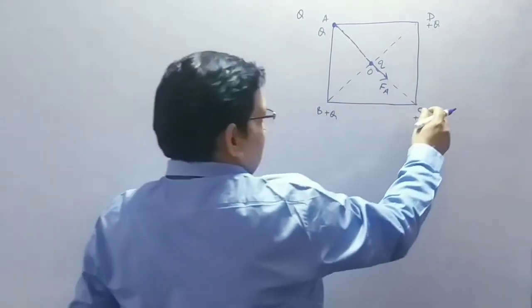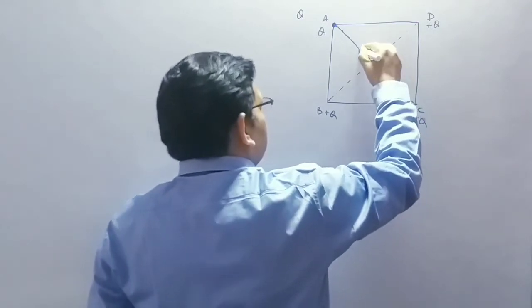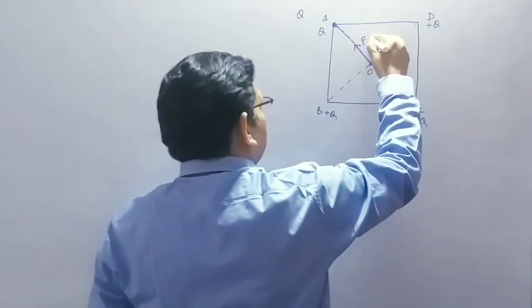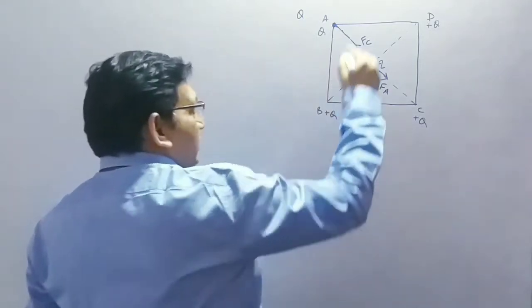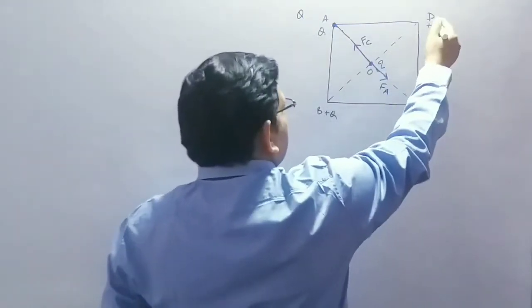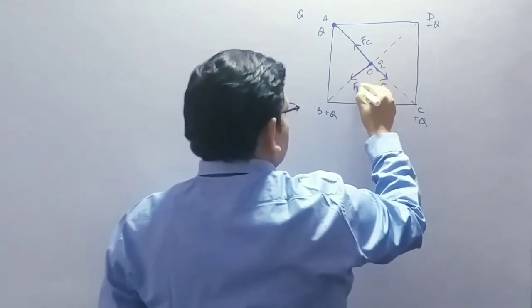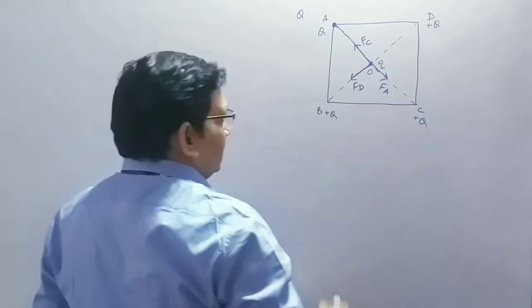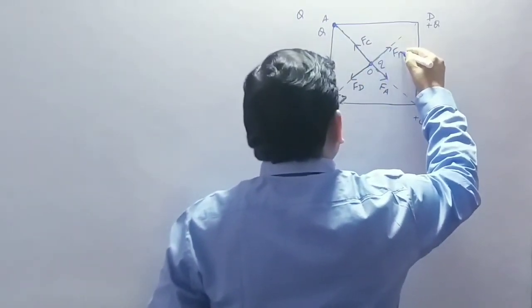Also the charge at C also exerts a force, and this force is repulsive in nature, so this is the direction of force C. In the same way, the charge at D exerts a repulsive force in this direction. This is the direction of force D, and in the same way this is the direction of force B.